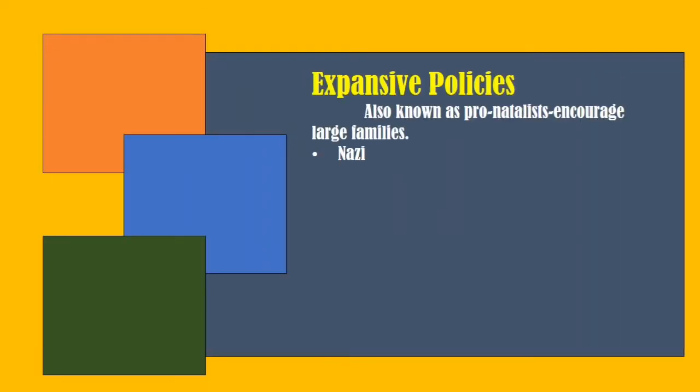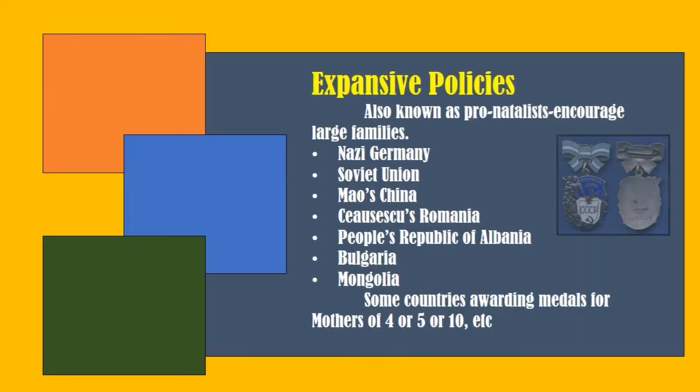Now, there are also governments that provide expansive policies, or policies that support population growth, also known as pro-natalist, or those that encourage large families, such as that of Nazi Germany.